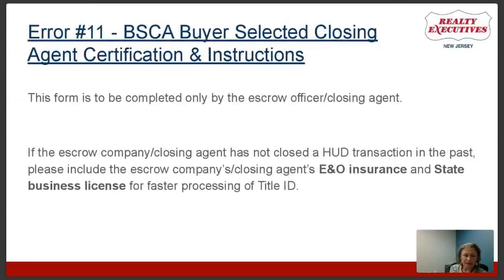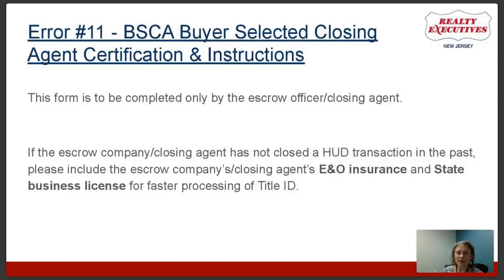Error number 11. This is the buyer selected closing agent certification and the instructions for closing. The buyer has a right to select who the closing agent will be dealing with the transaction at the closing.